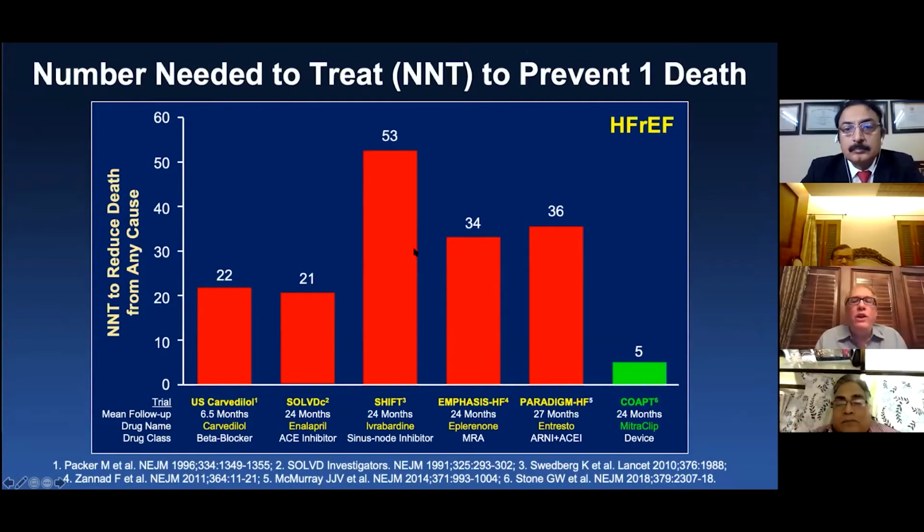You have to treat 20 to 50 patients to save 1 life. In contrast, in COAPT, in the patients with an ejection fraction of 20 to 40%, you needed to treat 5 patients to save 1 life. So the effect of the MitraClip was much more effective than these other class 1 therapies in reducing mortality.